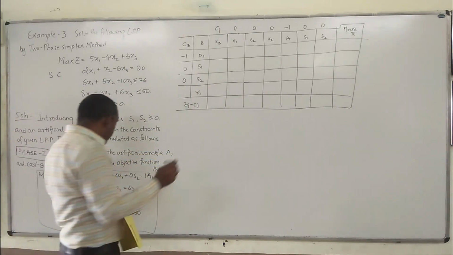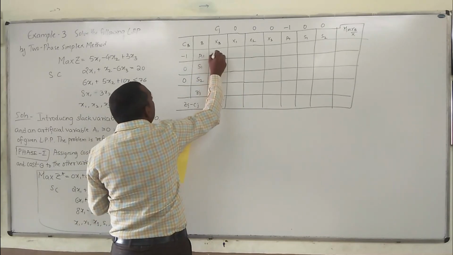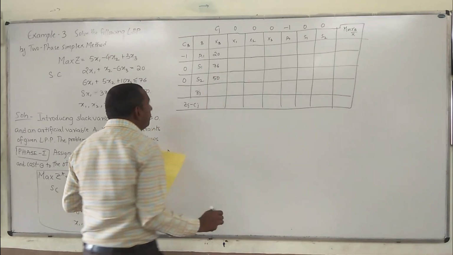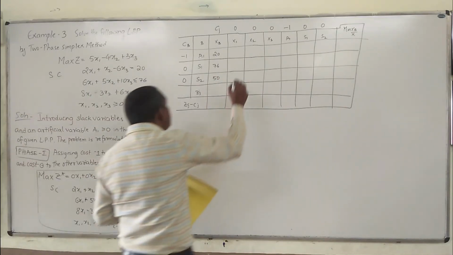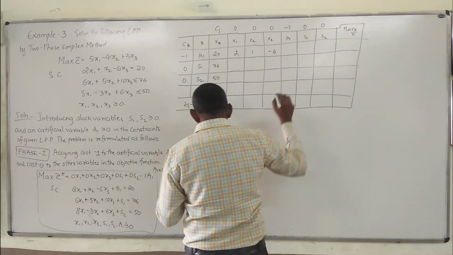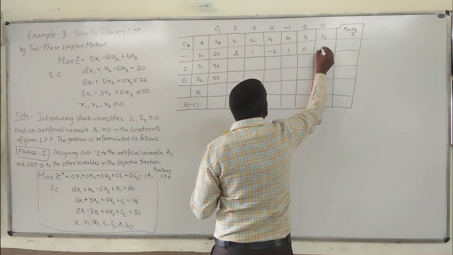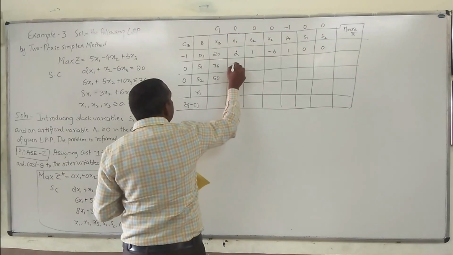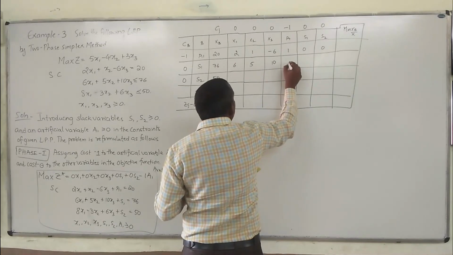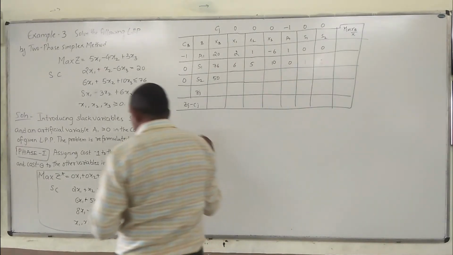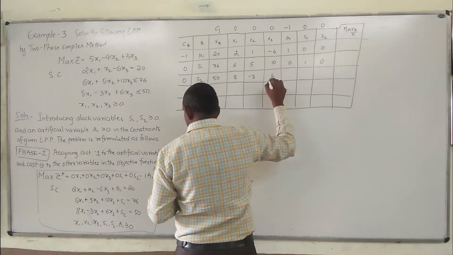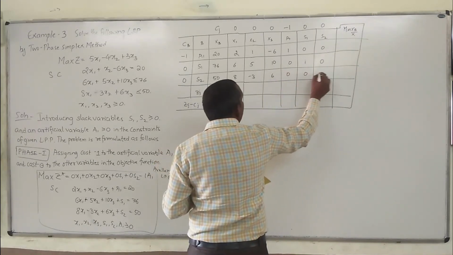The values of XB are 20, 76, and 50. The values of X1, X2, X3 are 2, 1, -6, followed by 1, 0, 0. Next is 6, 5, 10, 0, 1, 0, followed by 8, -3, 6, 0, 0, 1.